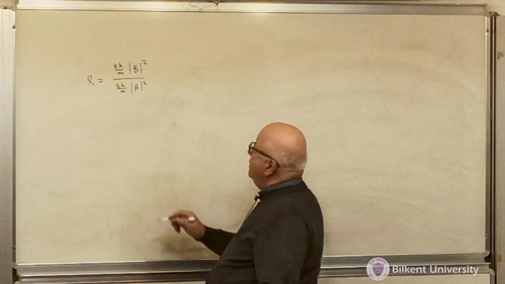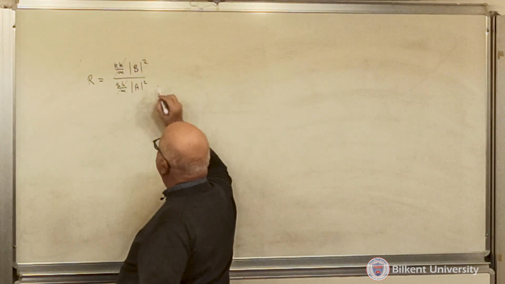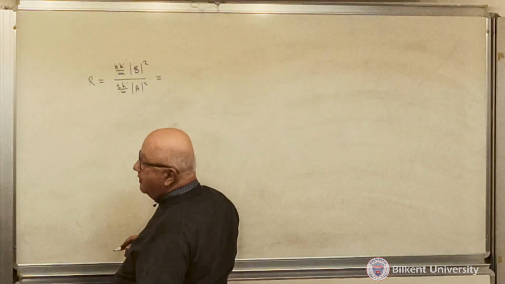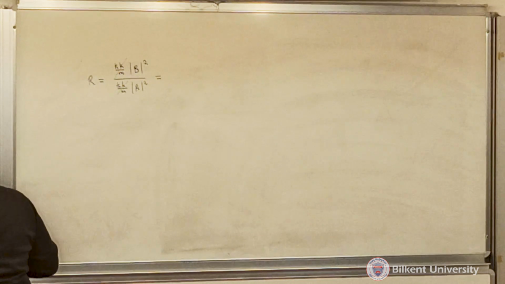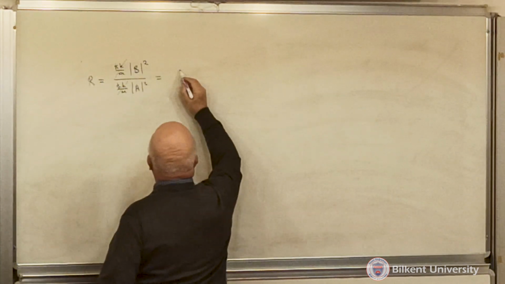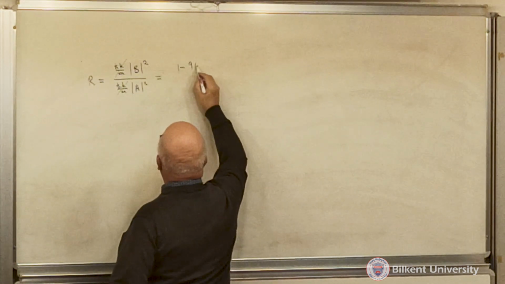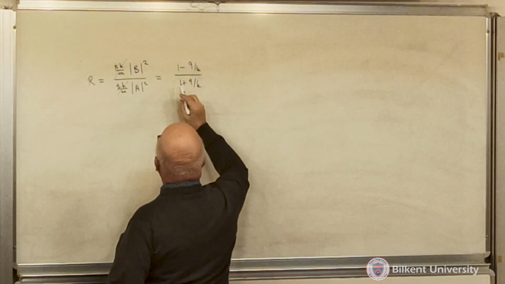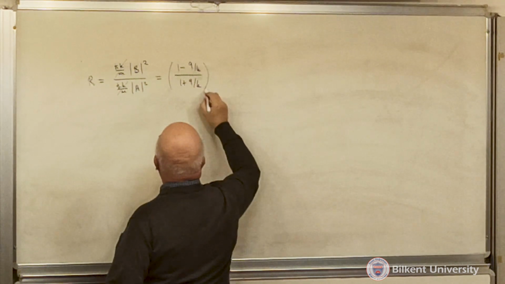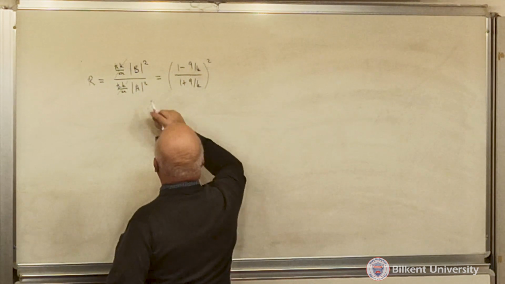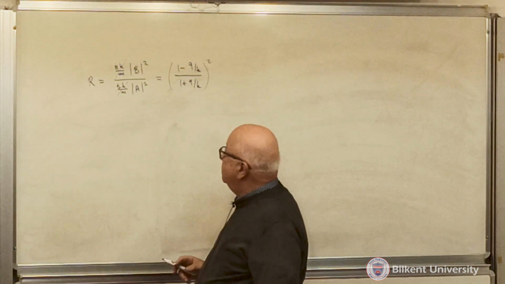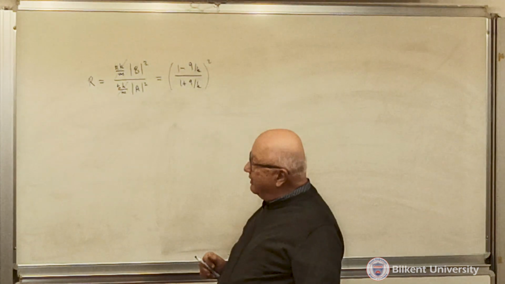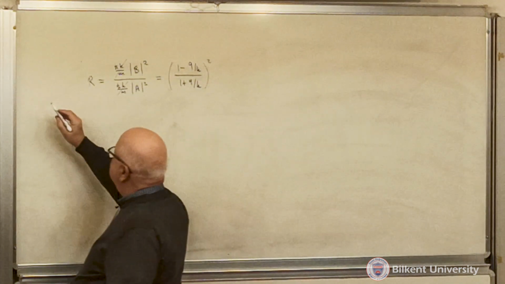These pieces cancel, and I have b squared over a squared. Where's b? This thing here. So it's going to be 1 minus q over k over 1 plus q over k, everything squared, and a is cancelled. So this is the reflection coefficient.